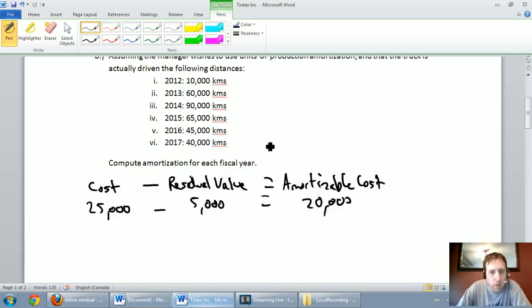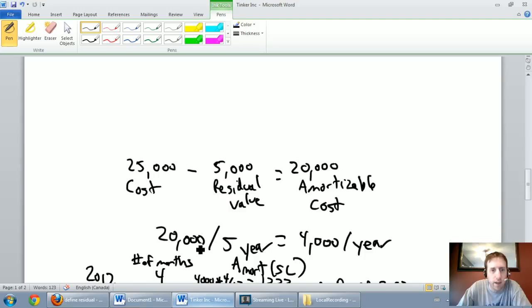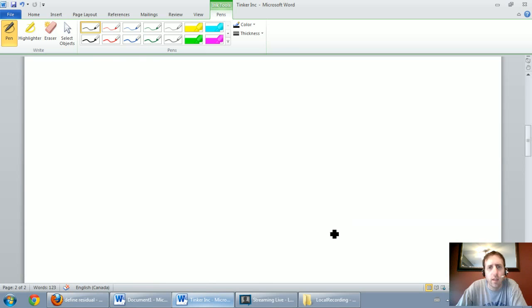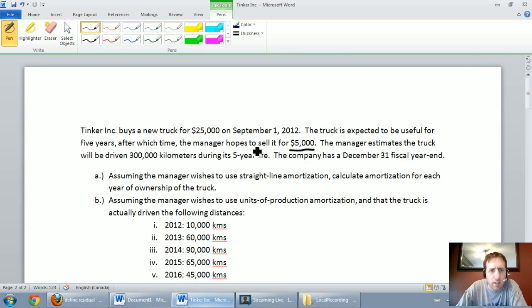Now, when we did straight line, we said, okay, take that $20,000, divide by the number of years, and we get an amortization rate per year. Well, the critique that units of production offers is, doesn't matter the number of years, it's how much you use the asset. So in this asset, we're planning to use it not for 5 years, that's not what's relevant. We're planning to use it for 300,000 kilometers.